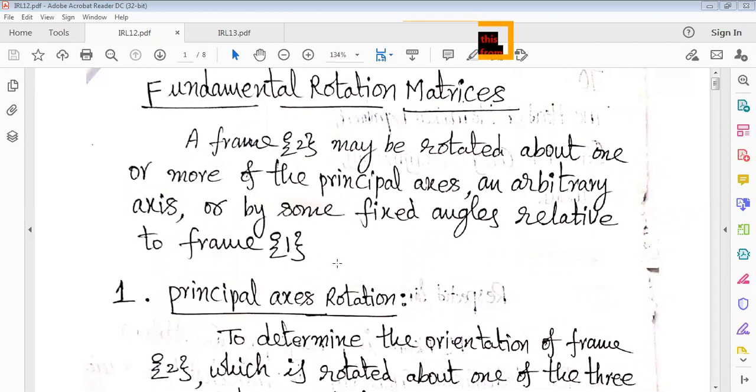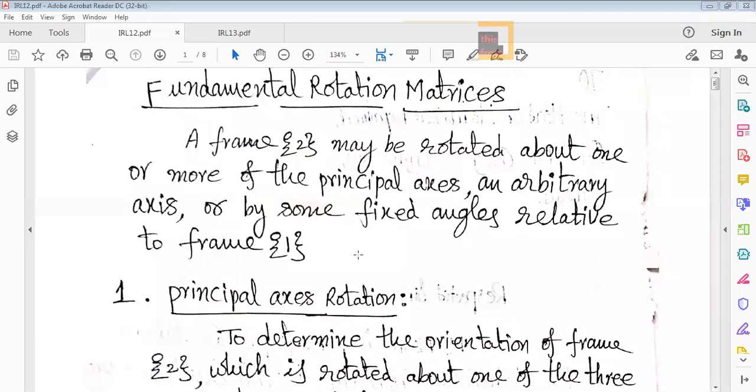So today we will discuss the fundamental rotation matrices. Fundamental rotation matrices only, so without translation, only rotation is happening between two frames. Those are the matrices we are discussing in this class.